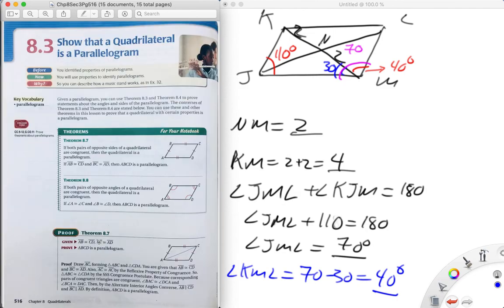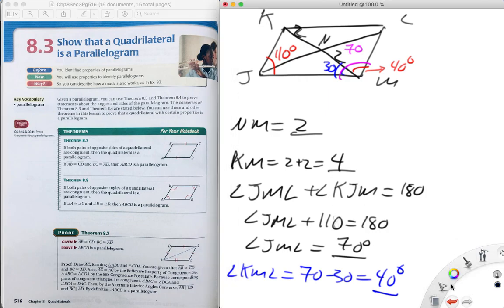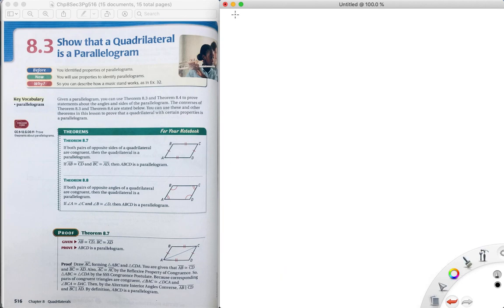8.3 is showing quadrilaterals are parallelograms. So these theorems are basically the inverse of the ones we just did. So theorem 8.7 is the first theorem of the last section.